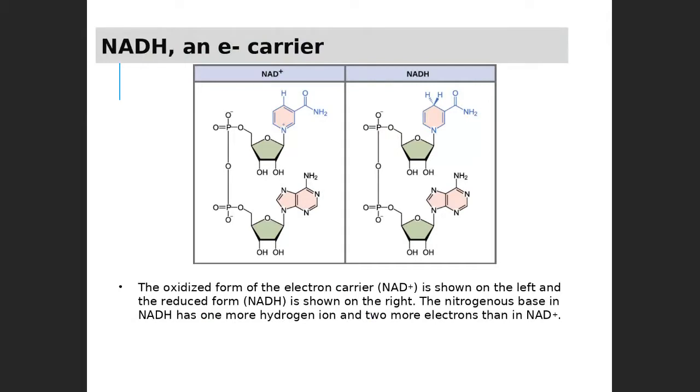So for cellular respiration, I told you that we have aerobic respiration that requires oxygen. And anytime the oxygen is present, it's a redox reaction. That means one molecule will be oxidized and the other molecule will be reduced. Anaerobic respiration does not require oxygen, and fermentation is anaerobic respiration.